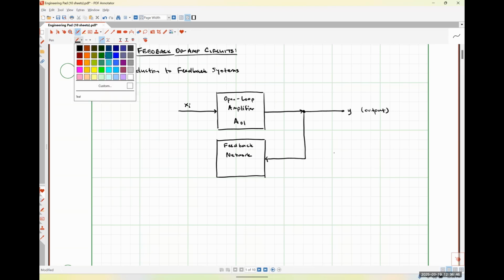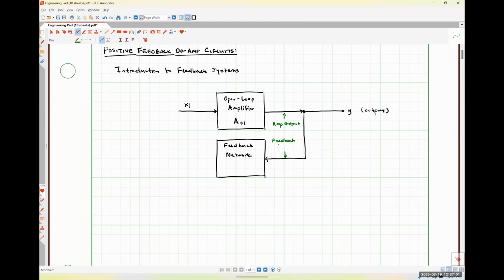So essentially what I've got here is my amplifier output, and then that same signal is essentially serving as my feedback input.